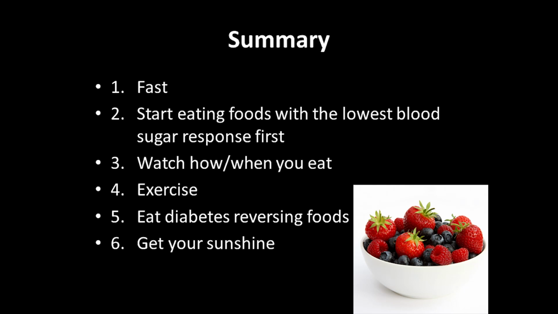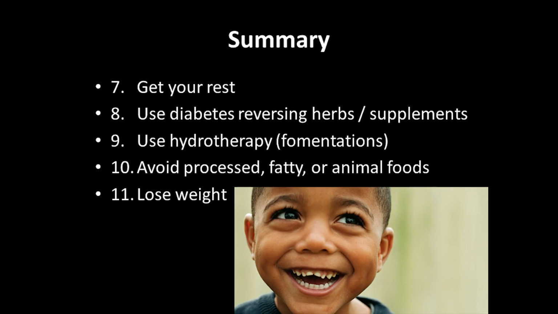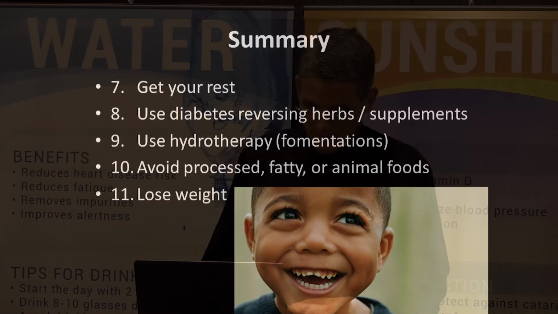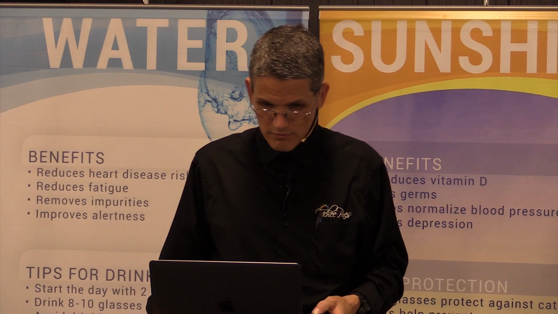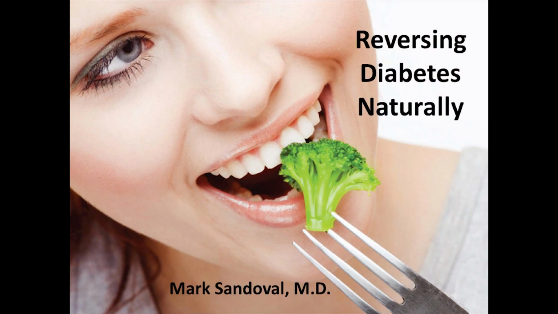Eat those diabetes reversing foods like prickly pear, and oats and other more common things. Get your sunshine, get your sleep. Use those diabetes reversing herbs or supplements. Use some hydrotherapy like fomentations. Avoid those processed fatty or animal foods and lose weight. And that will help you significantly in that process of reversing diabetes naturally.